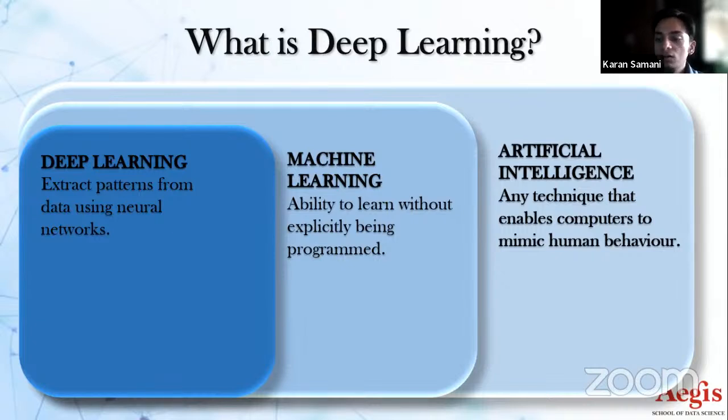Machine learning, as you may know, does not mean that it works with neural networks. It has various other techniques like linear regression, logistic regression, ensemble techniques, bagging, boosting, all those things. But if we deal with neural networks and try to detect some kind of patterns in our data, that concept is what deep learning is basically.